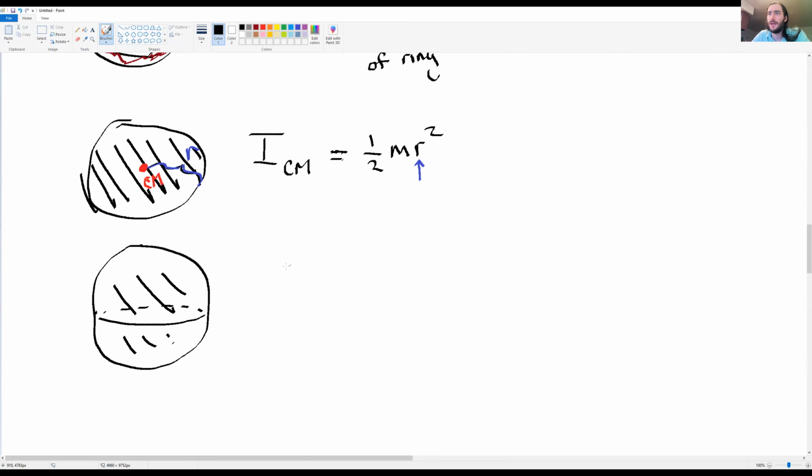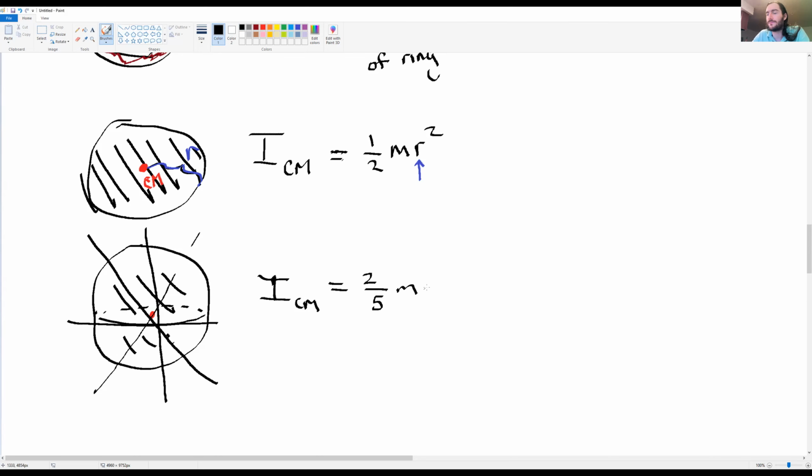But as long as we're rotating the sphere through the center of mass, which is the center of the sphere, it doesn't matter which way we rotate it because it has spherical symmetry. We can rotate it about any axis we want as long as it's through the center. That would be 2/5 MR squared.